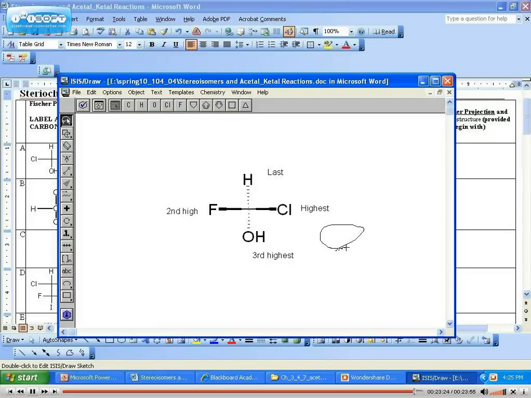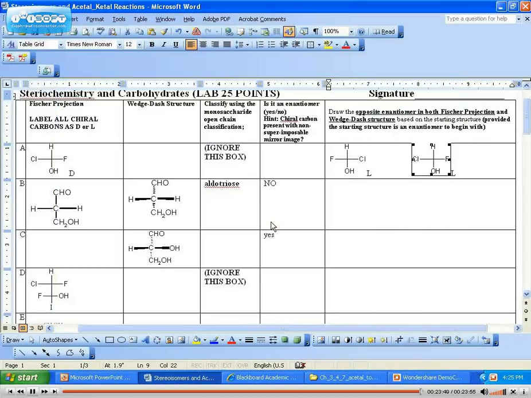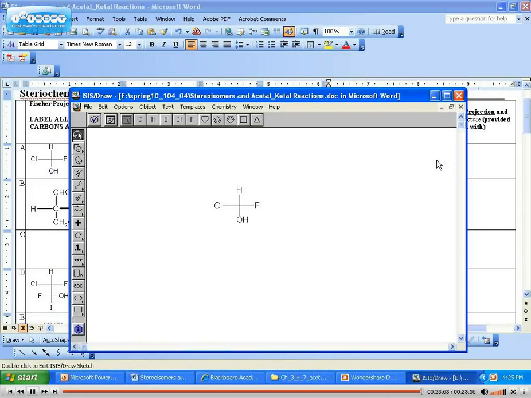This is going to be counterclockwise. Counterclockwise, or going to the left, is LEVO, or L, and this would be an L enantiomer. Looking at the last group, do I need to flip it or not? In this case, the last group is a dash, so therefore you do not need to flip. So this is the L form. Although it didn't save my changes.